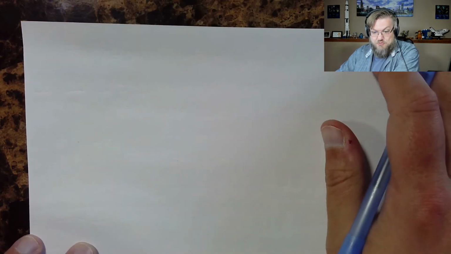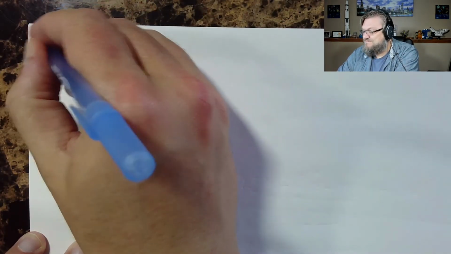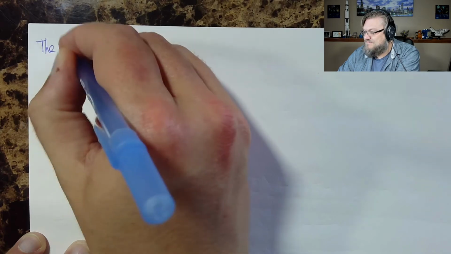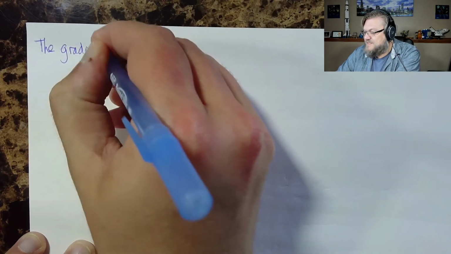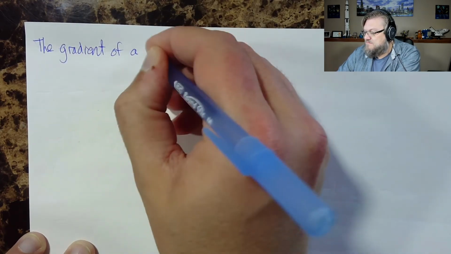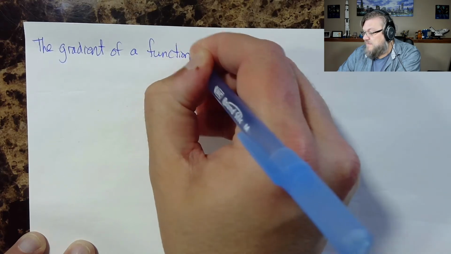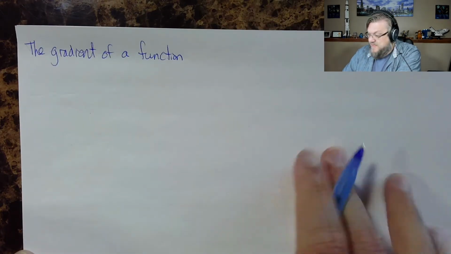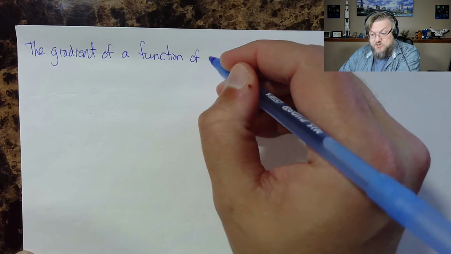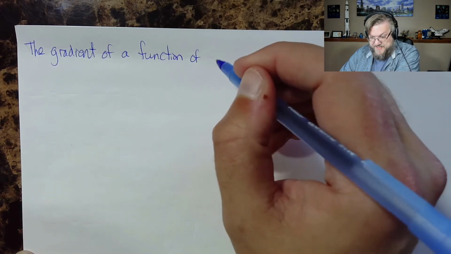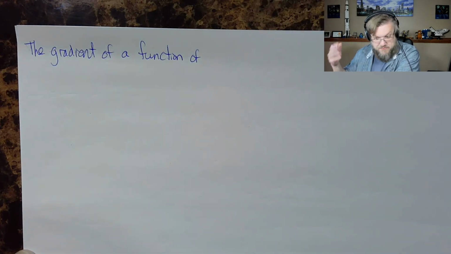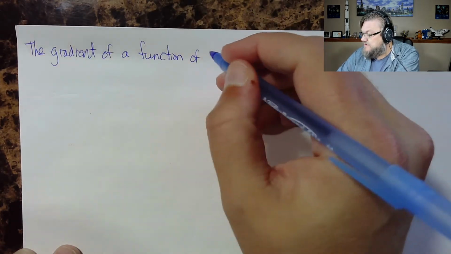Yeah. And so we end up defining something called the gradient of a function. For now, we're going to stick to 2 variables, but we'll easily see that this expands to 3, 4, 5, 700 variables.